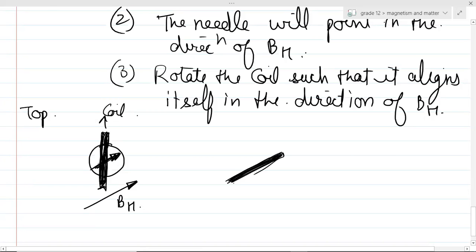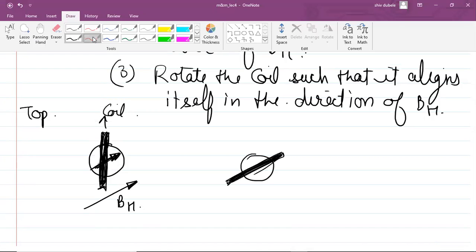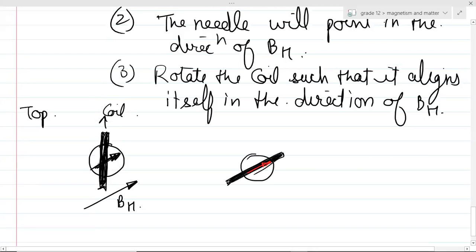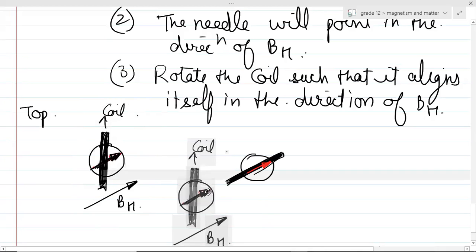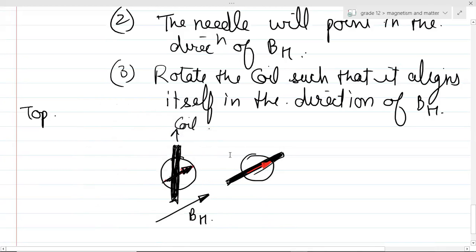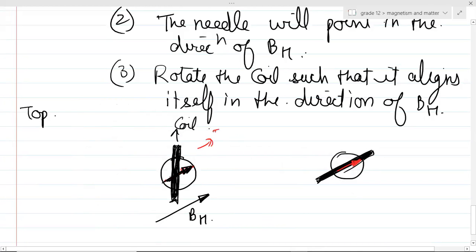Now can you see, the coil has aligned itself in the direction of the magnetic needle, and we have aligned it. Yes or no, guys? Is this step clear? I think this step is pretty much clear to you. This is the initial state, and let's say this is the final.